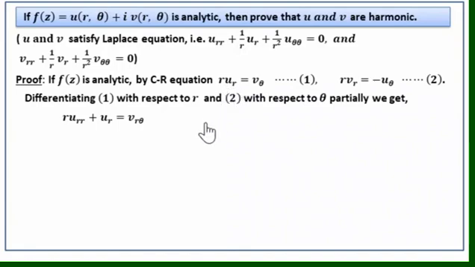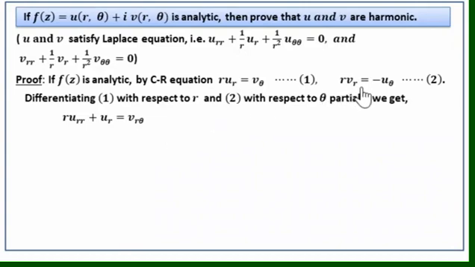Keep r, the first function, constant: r into the derivative of ur with respect to r, that is dou by dou r of ur, which is urr, plus now differentiate r, keeping the second function ur as it is. The derivative of r with respect to r is 1, so we get ur only. The right side is dou by dou r of v theta, that is vr theta.